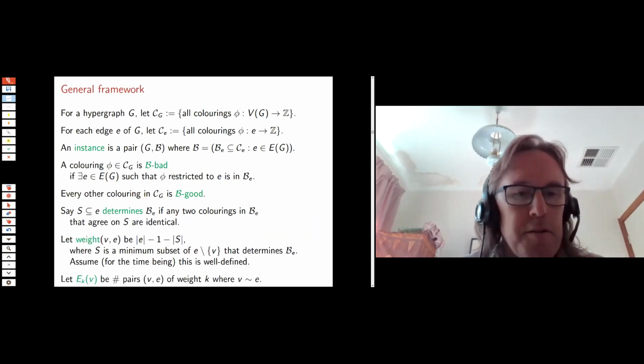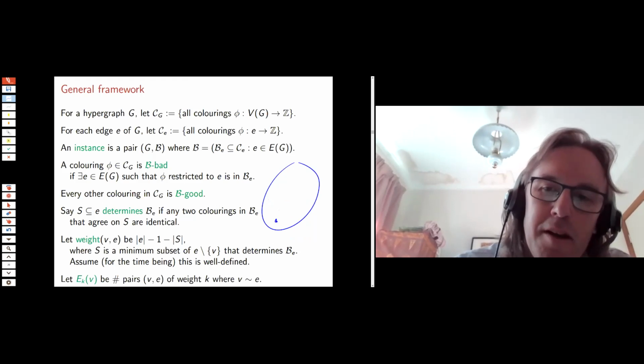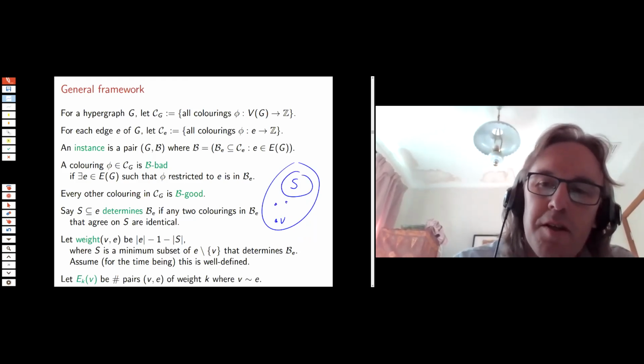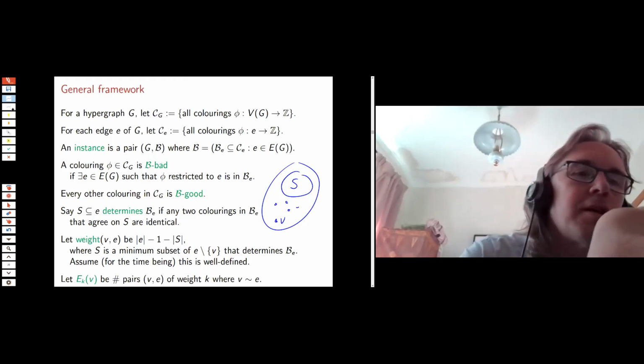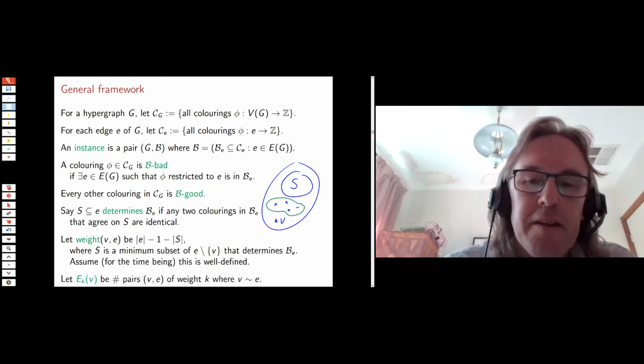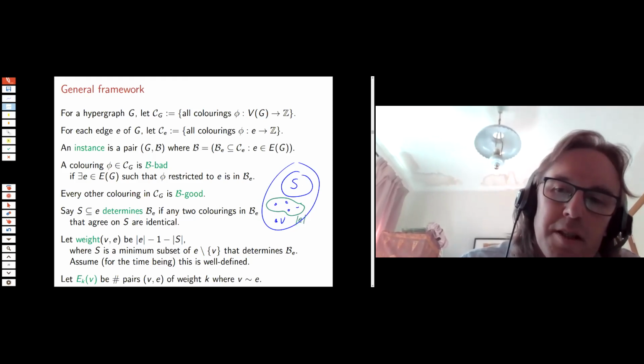And now if you go into our proof, here's the set S that determines everything. You care about the number of vertices that are not in S but are not V as well. And we define the weight to be the number of these green vertices.